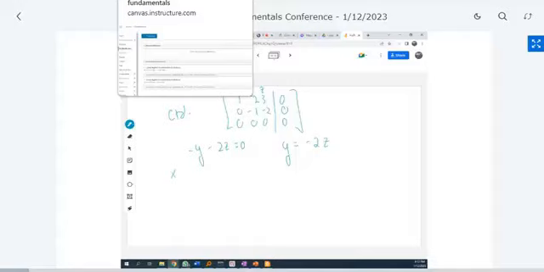Oh, no. You're right. Okay. So here I have x plus 2y plus 3z equals 0. That says x, and then 2y is going to be minus 4z, plus 3z equals 0. So that means that x equals z.